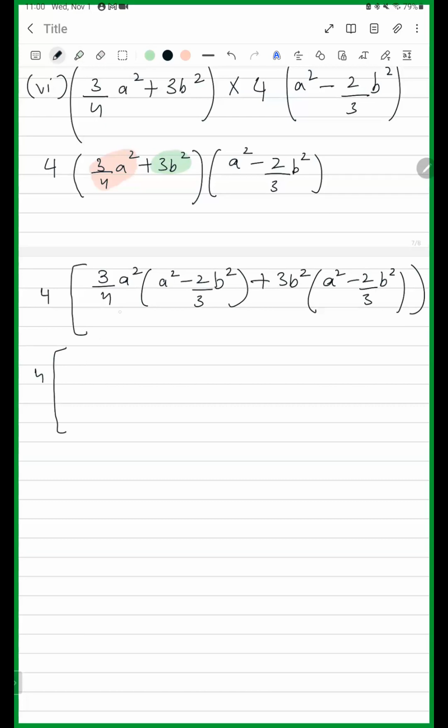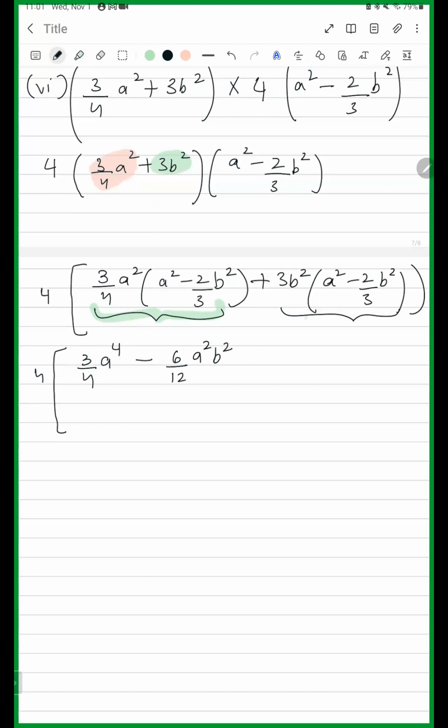Then let's just open these two brackets. The first bracket, 3 by 4, a raised to the power 4, very good. Then minus 2 by 3, sorry, no, minus 6 by 12, a raised to the power 2, b raised to the power 2, very good.